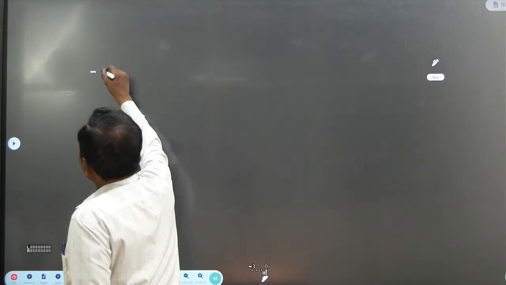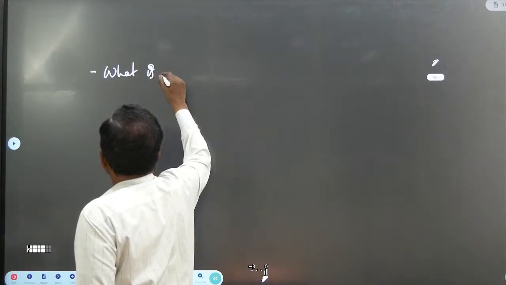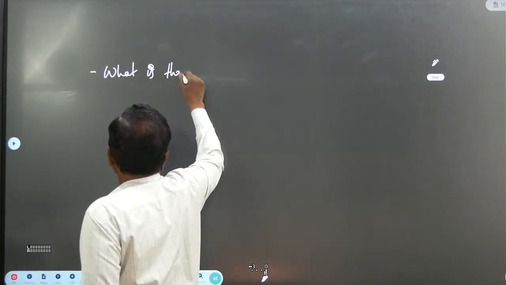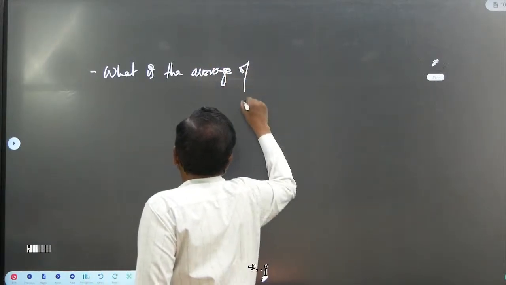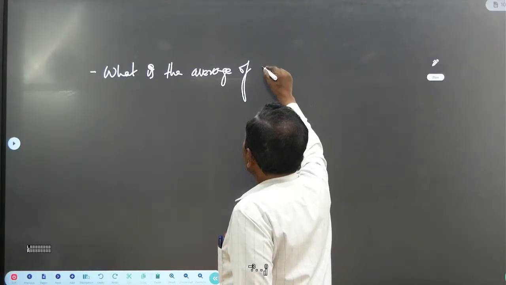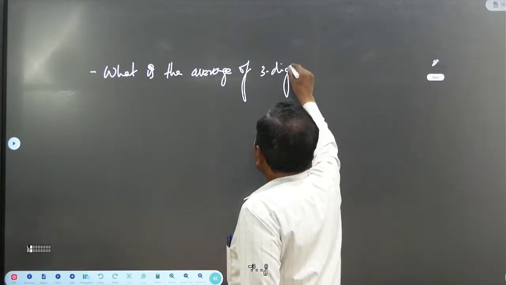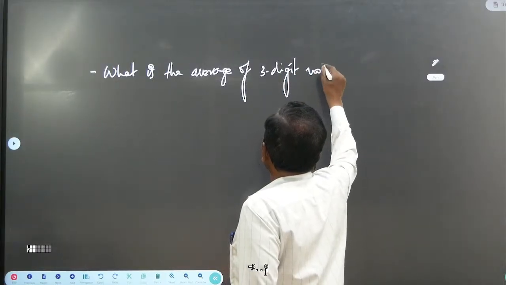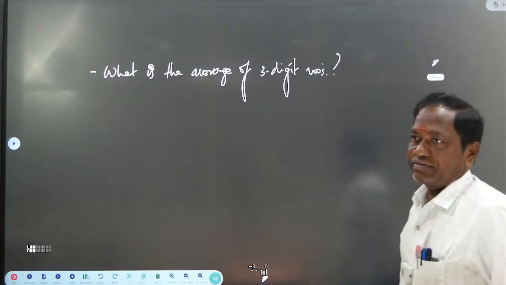Next you can see, what is the average of 3-digit numbers?